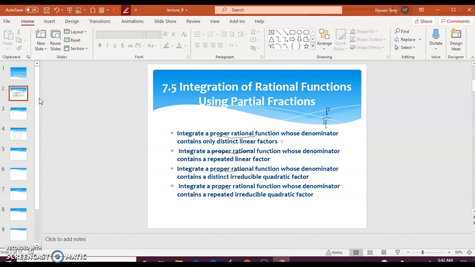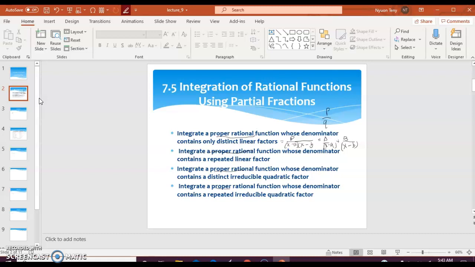So for instance, if I have P over x minus a times x minus b, where a and b are not equal, then my decomposition would be in that form: A over x minus a plus B over x minus b. This is the way I can decompose this rational function.